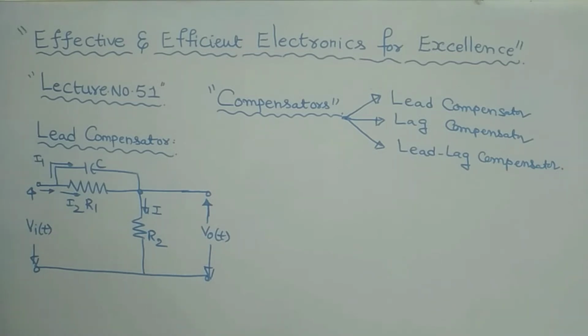That is what a compensator is: nothing but an electric or electronic circuit that can be given externally or additionally in order to improve the system performance or the system response. It has its own merits and demerits, which I can explain in the subsequent presentations.